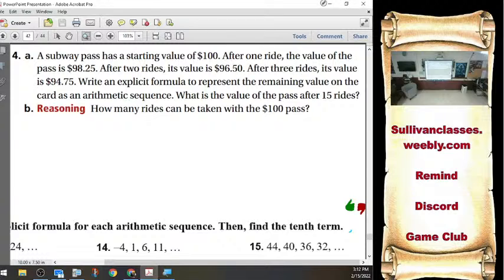A sub 1 is your first term where I start. D, common difference. That's how much it's changing every time. Plug them into that formula. Plug in N and D. Distribute, combine like terms, rearrange it.